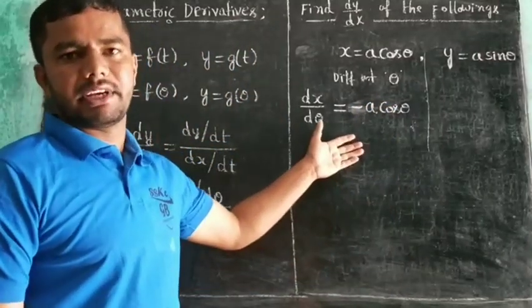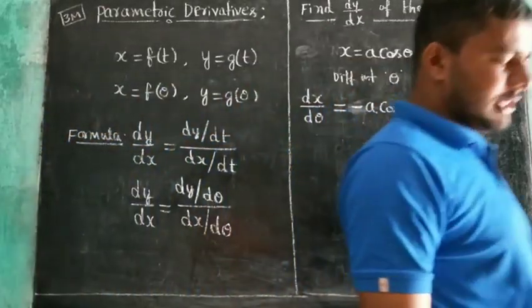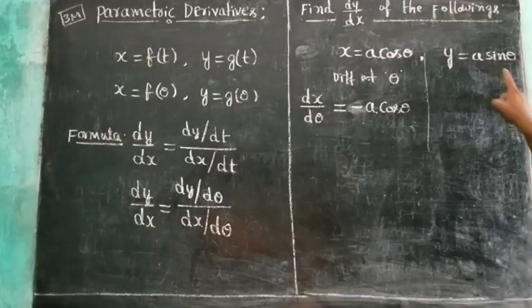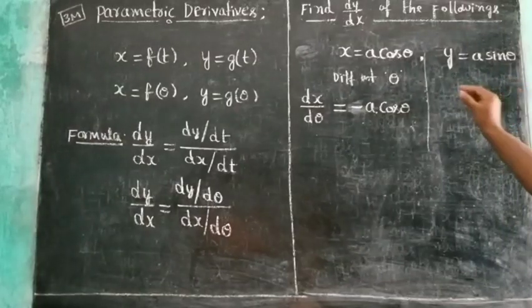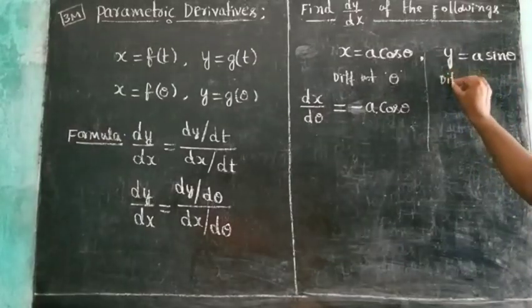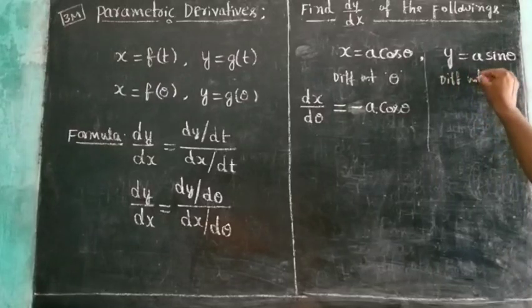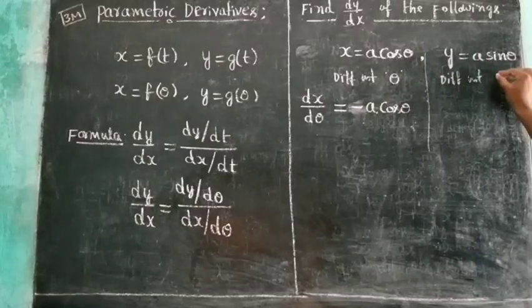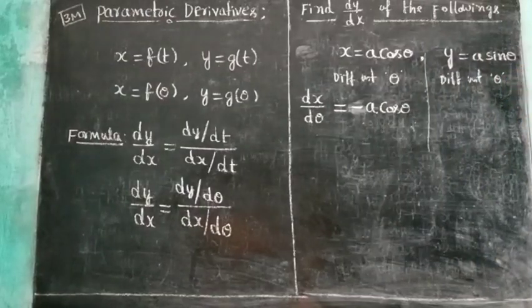Further, no more simplification. And then the next equation is y is equal to a sin theta. Here the parameter is theta, so differentiate with respect to theta.